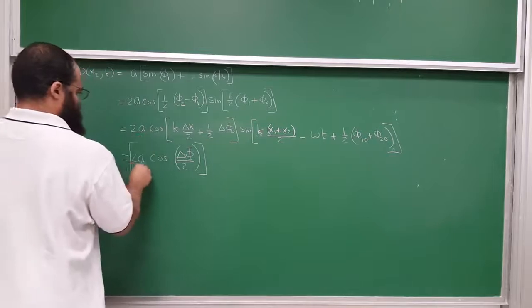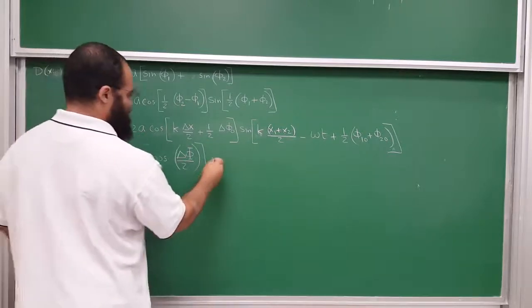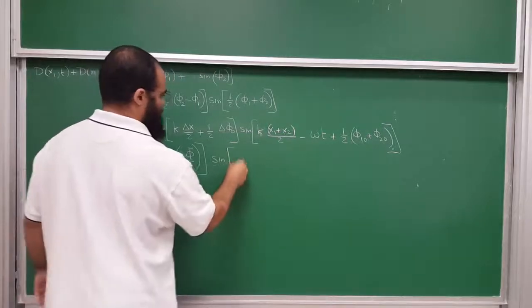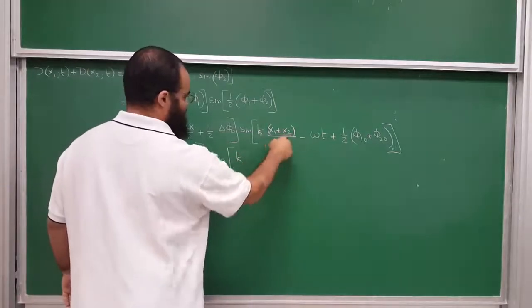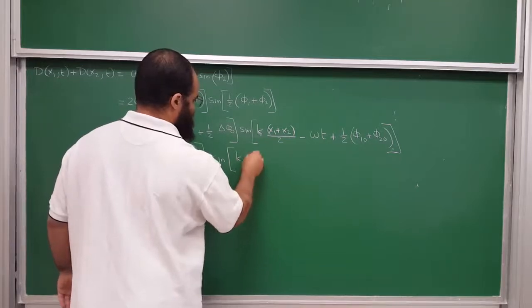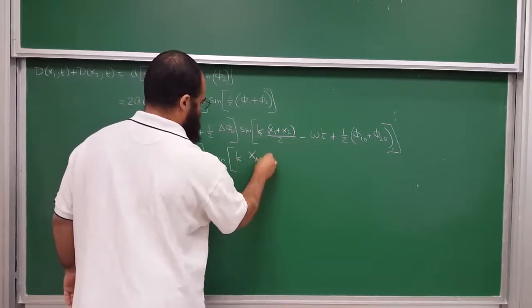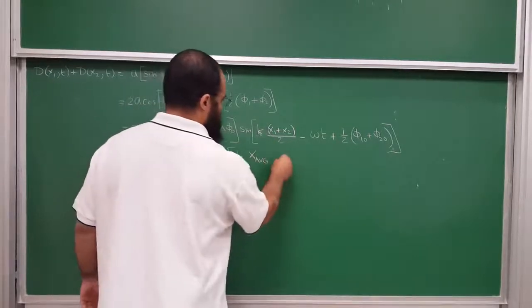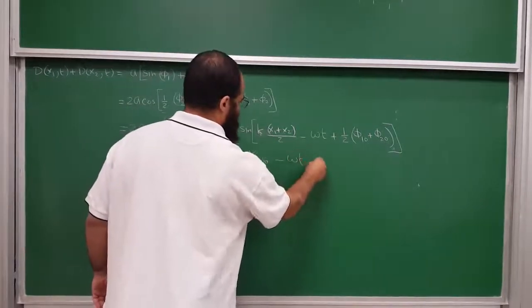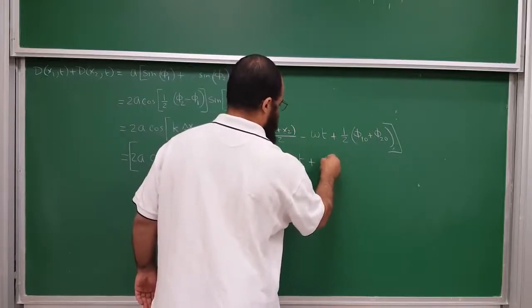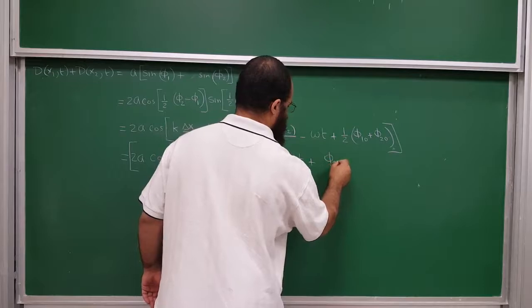And this will be basically the amplitude times the sine of k times the average of x, x1 plus x2 over 2, that's the average. And then minus omega t plus the average phase, phi 0 average.